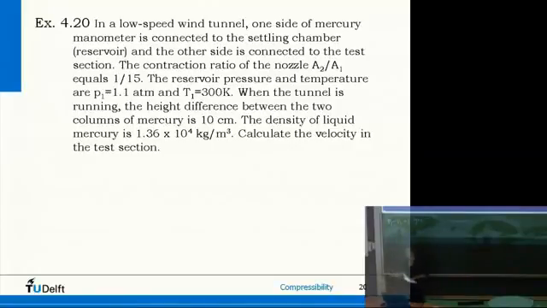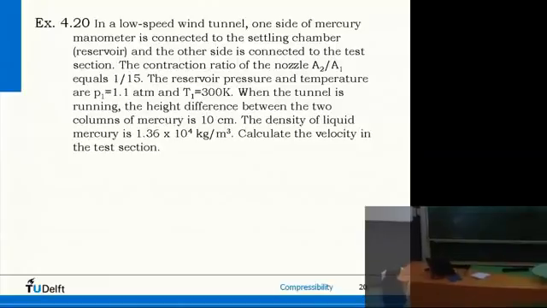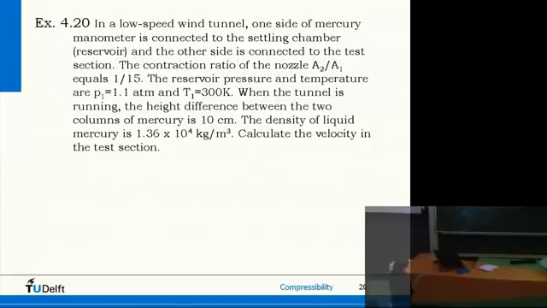Could I have said P2 minus P1? No, because you have to realize which one is the low pressure. For incompressible flow, it's the one with the smallest area, right? So I use this: A2 over A1 is 1 over 15. So area 1 is 15 times larger than area 2.